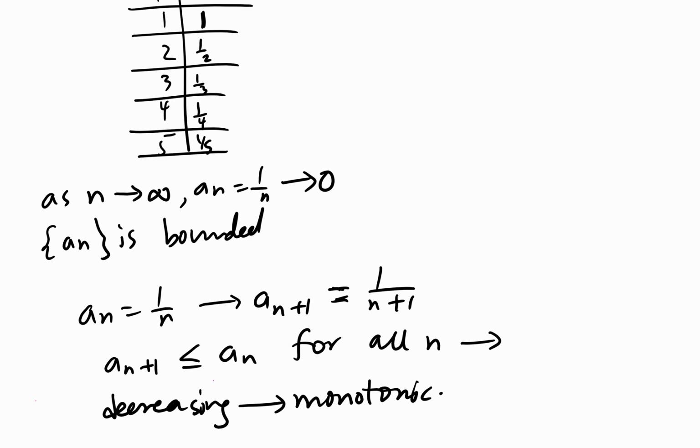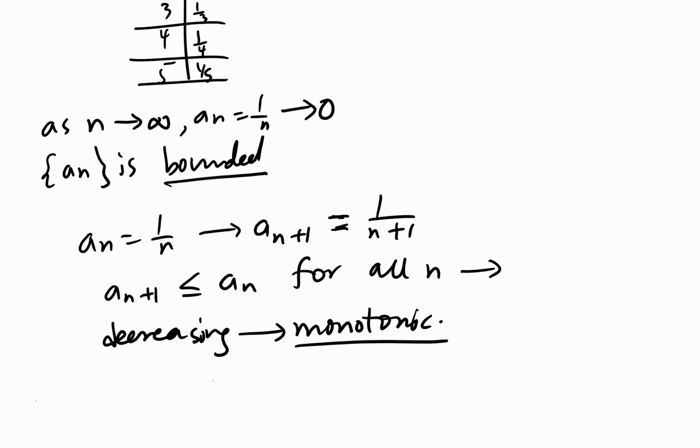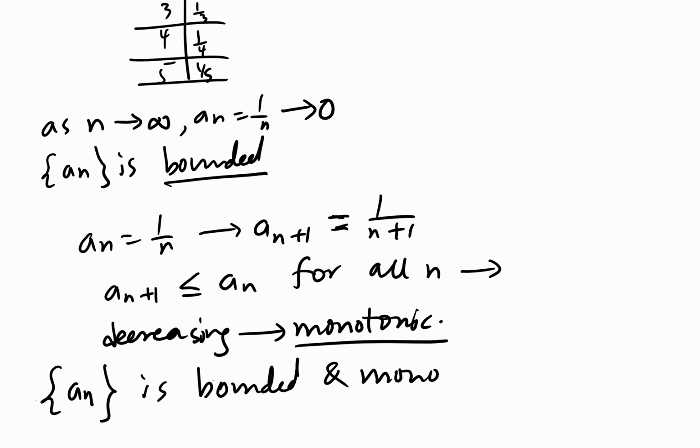Now what I did, I proved it's bounded and I proved it's monotonic. Then a_n is bounded and monotonic, and hence converges by the above theorem.